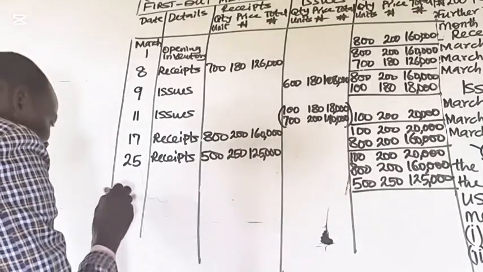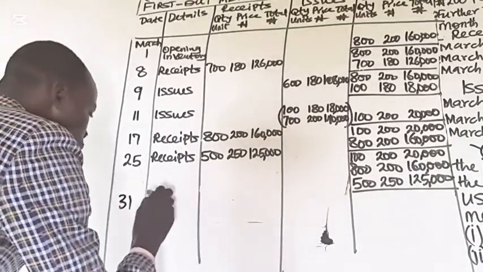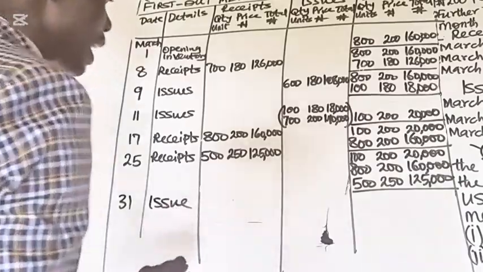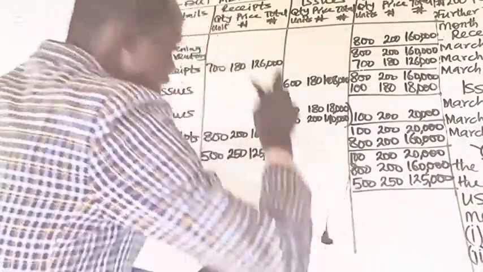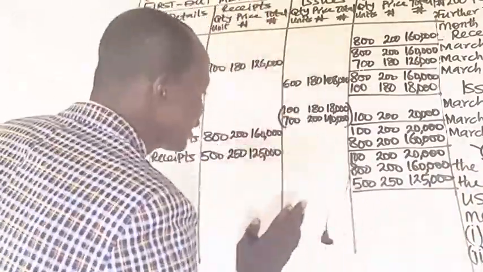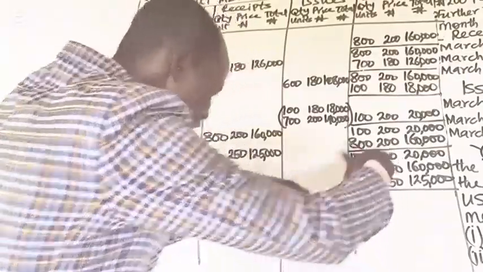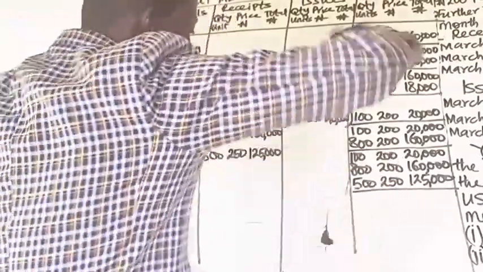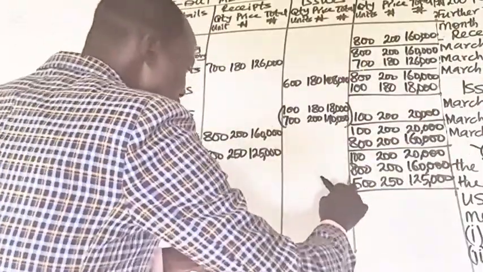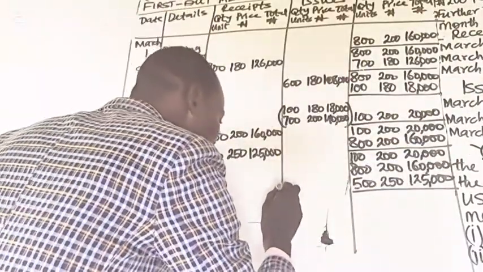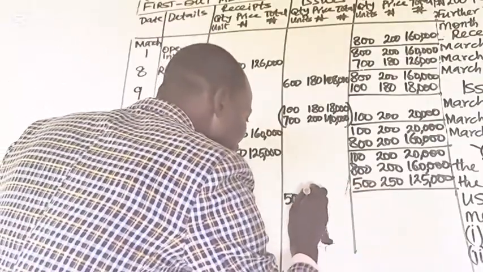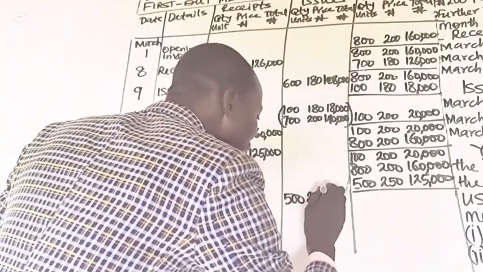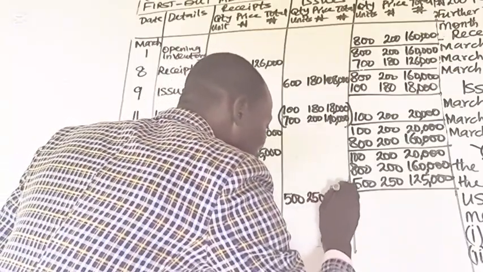The last in will go out first. That is why we say last in, first out. The one that came in last is this 500. So it will go out first. Last in, which is 500, at the price of 250, and that is valued 125,000.